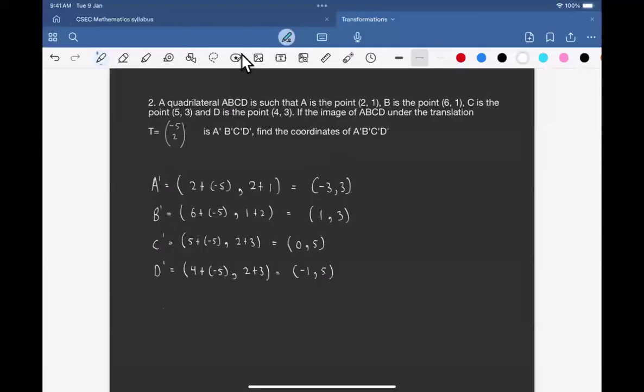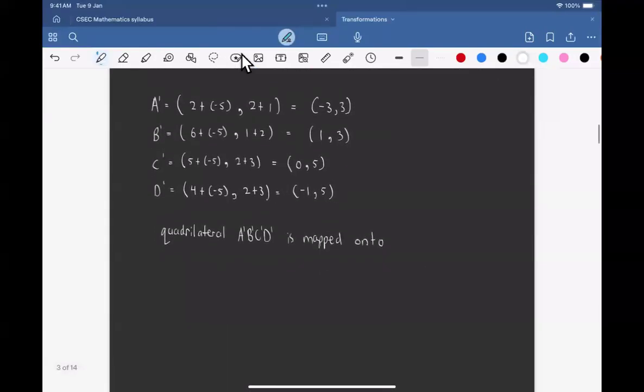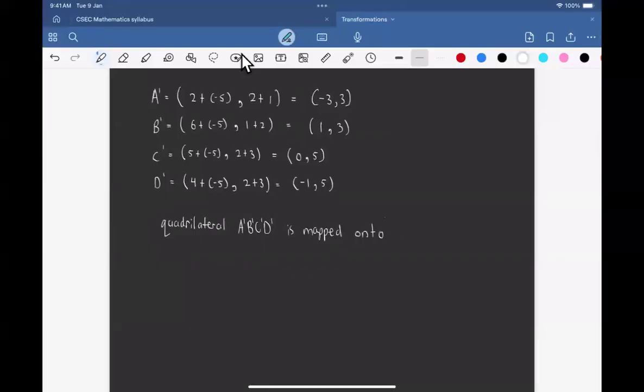Quadrilateral A, B, A prime, B prime, C prime, D prime is mapped, so the image is mapped onto A, B, C, D by a translation.